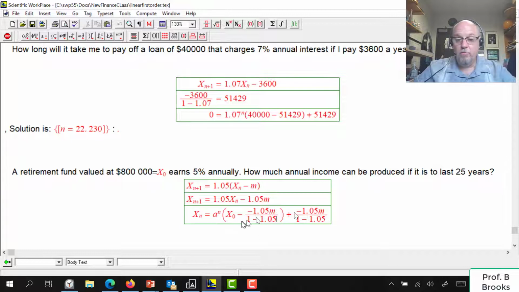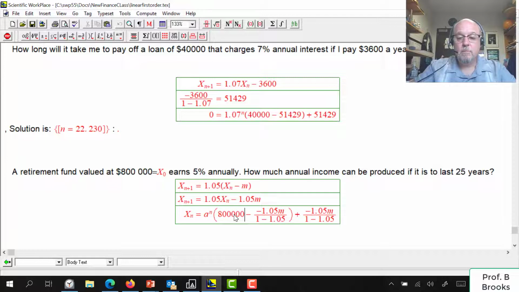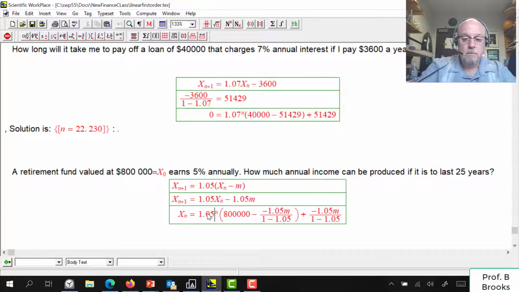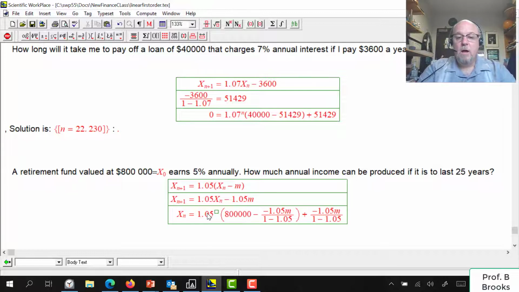M is what I'm going to solve for. My X naught is the 800,000. And I want this to last 25 years. So I need 25 payments of that. And that X sub 25, I want that to be 0.